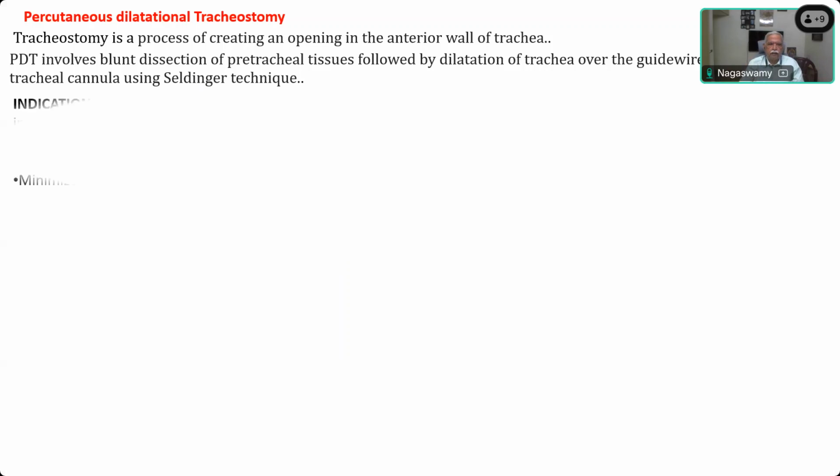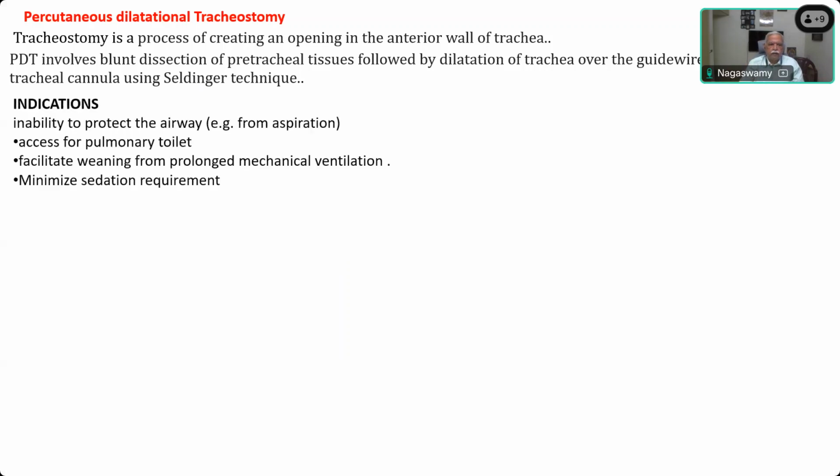using the Seldinger technique. The indications are when patients have an inability to protect the airway, with risk of aspiration, when you want to do frequent pulmonary toileting, and when you plan to wean them off from prolonged mechanical ventilation, as this will reduce the anatomical dead space.